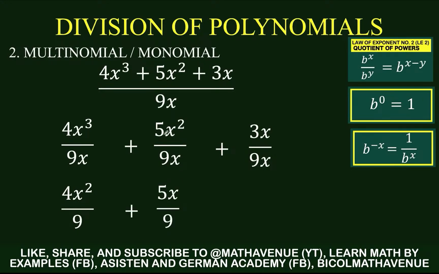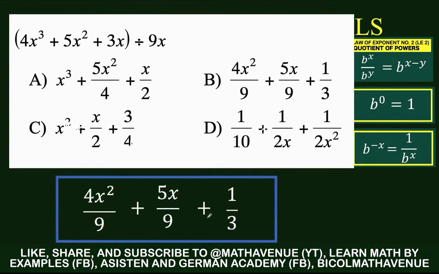So you can think of this like this. X squared divided by x is x to the 1st. That's why you have this x here. Then here, x divided by itself is 1. So what's left is the lowest term of 3 over 9, which is 1/3. Notice that our answer still consists of 3 terms. So this is now our final answer, and that is letter B.